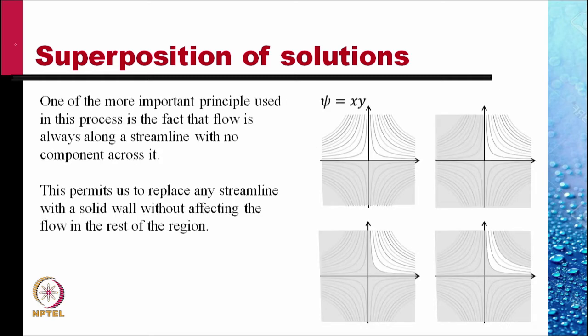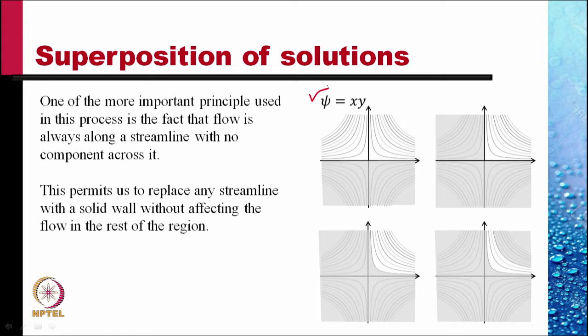One of the more important principles used in this process is the fact that flow is always along a streamline with no component across it. This permits us to replace any streamline with a solid wall without affecting the flow in the rest of the region. Thus, if we plot the stream function psi is equal to xy, we get rectangular hyperbolas in all the four quadrants.